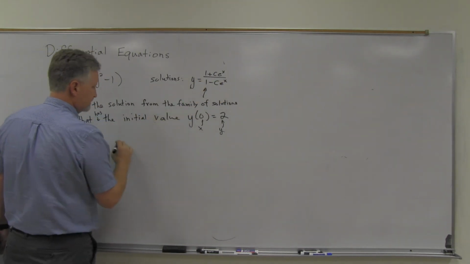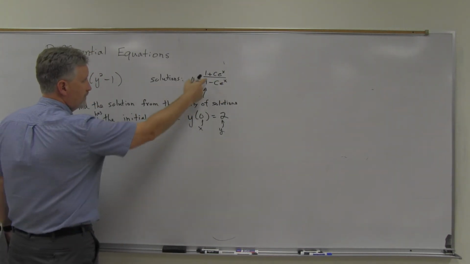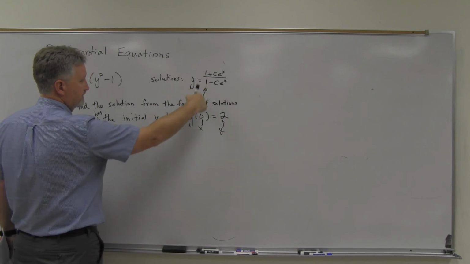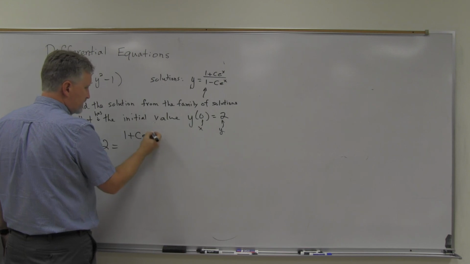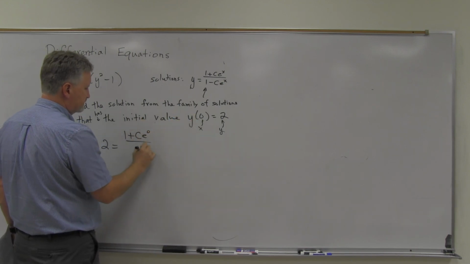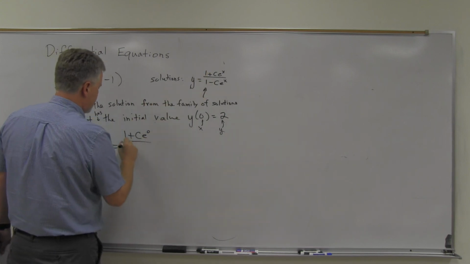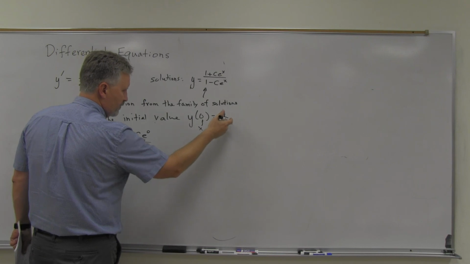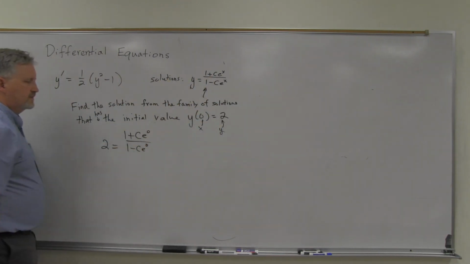So the 2 is the y, 1 plus c e to the x over 1 minus c e to the x. Oh, and they were nice because usually the initial value, they're talking about the x is 0. Just make the substitution. Y is 2, x is 0. That's all I did.